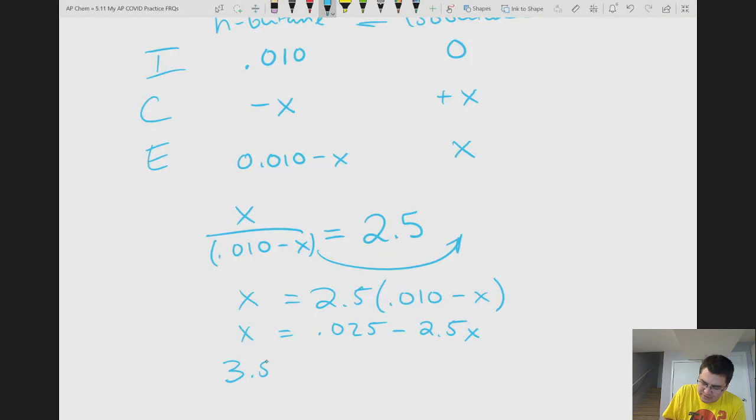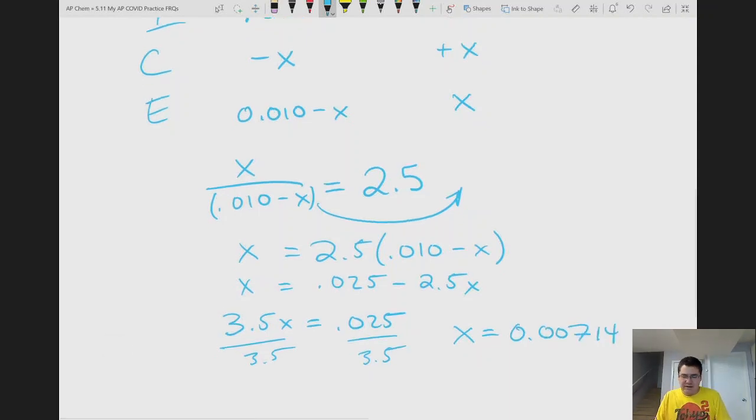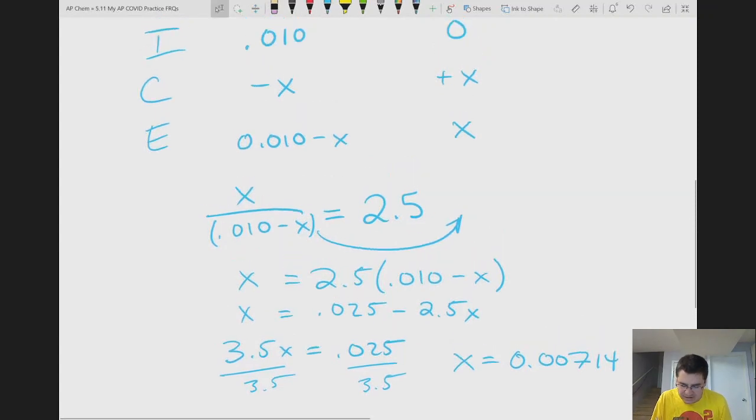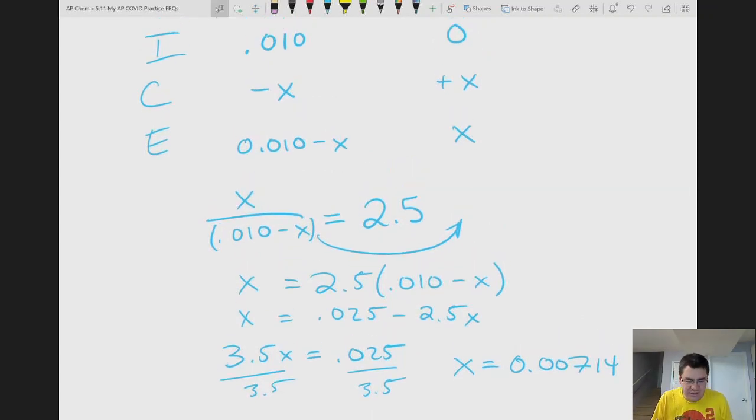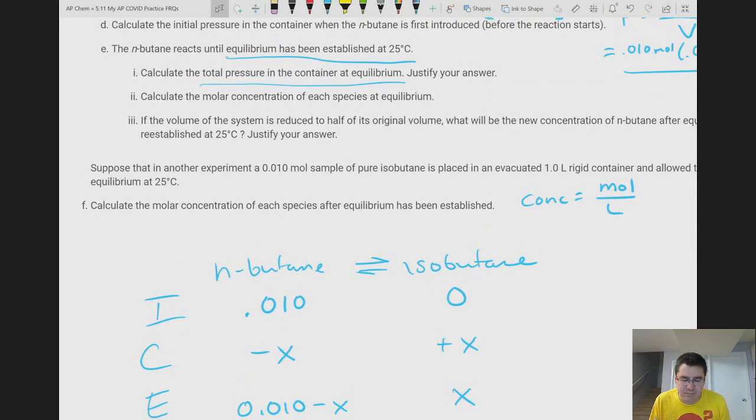So I get 3.5x equals 0.025, and then divide by 3.5. You get x equals, I've got a calculator now, 0.025 divided by 3.5, 0.00714.